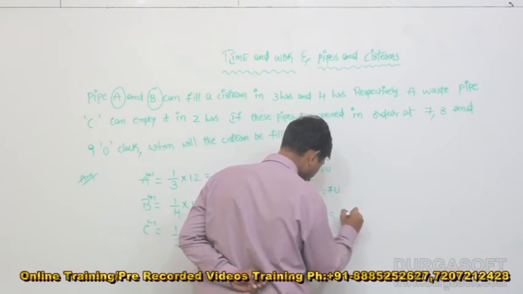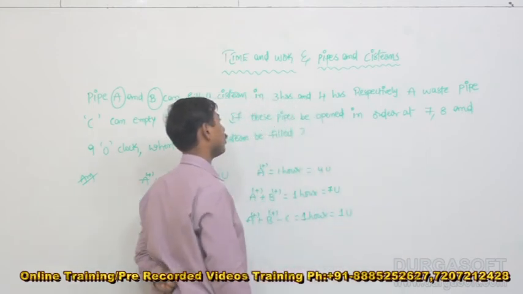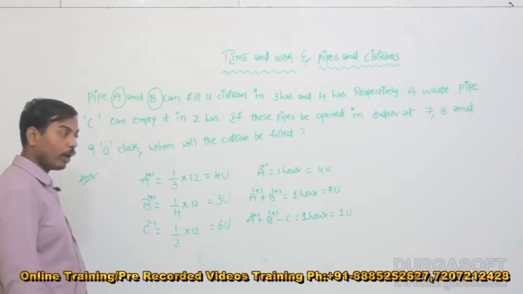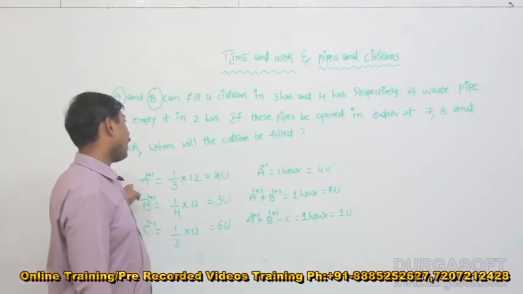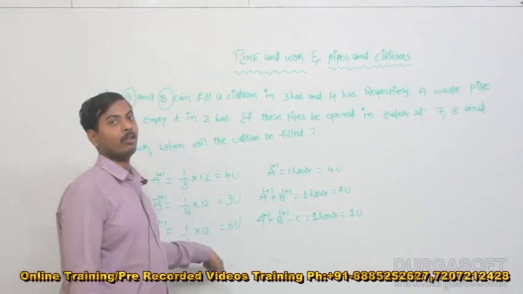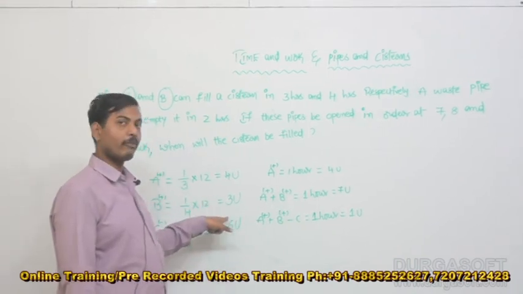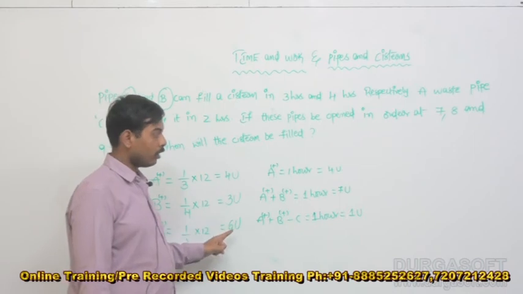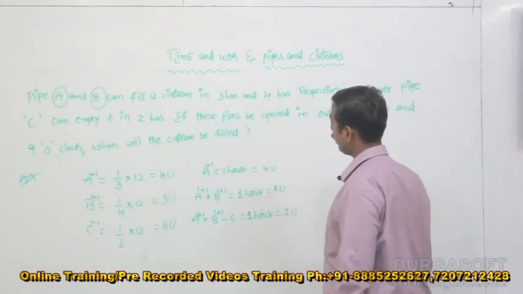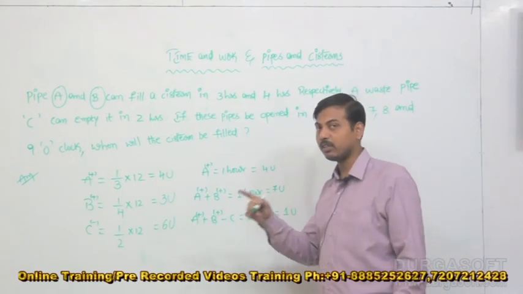In that 1 hour, how many units of water will fill into the tank? 1 unit. Why? Because pipe A fills 4, B fills 3, C leaks 6. 4 plus 3, 7, 7 minus 6, 1.